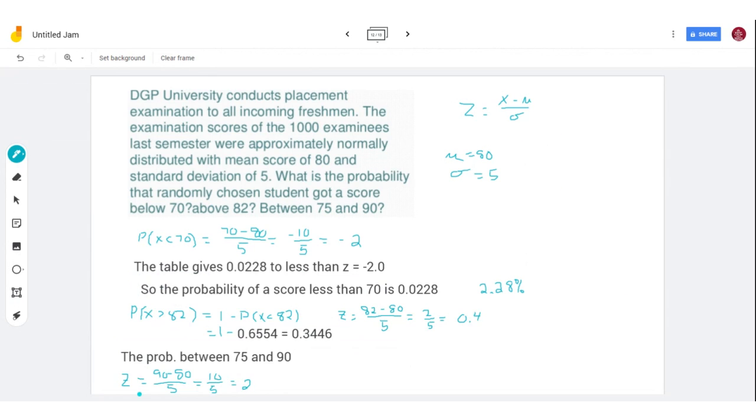So this was for 90, like I said. And the other one was the 75. And then when we get to them, we're going to subtract the two.